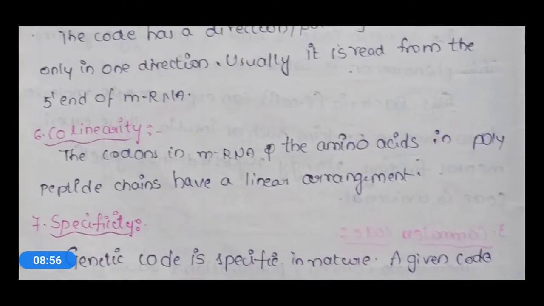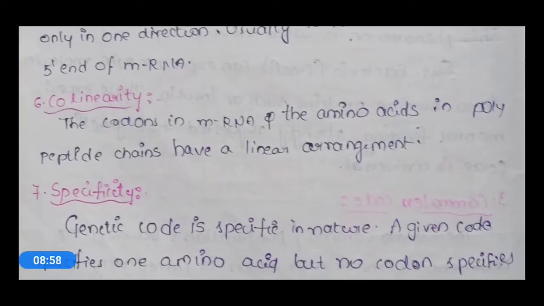The next one is collinearity. The codons in mRNA and the amino acids in the polypeptide chain correspond to each other. That means if mRNA contains AUG as the first codon, after protein synthesis the polypeptide chain will be produced first.